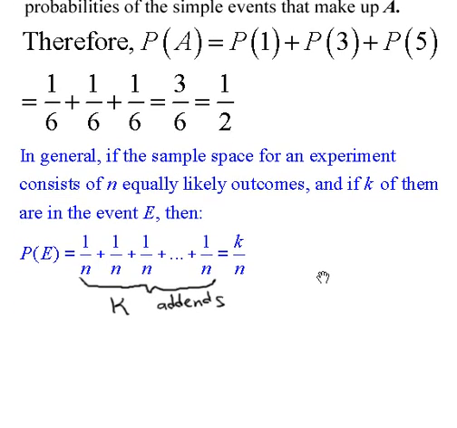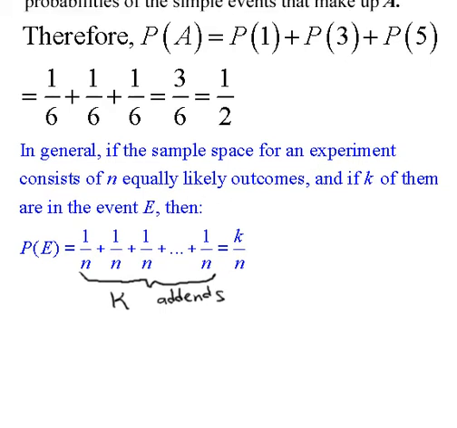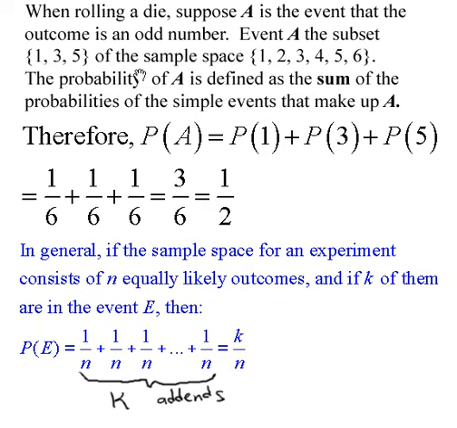So if we generalize that, in general, if there are n equally likely outcomes, and if we have k of them in the event that we're looking for, just like we had 3 choices here in rolling our odd number, 1, 3, or 5, we're going to find the probability of that event by finding the probability of getting each one that we're looking for and adding the results together, which in general gives us k over n.